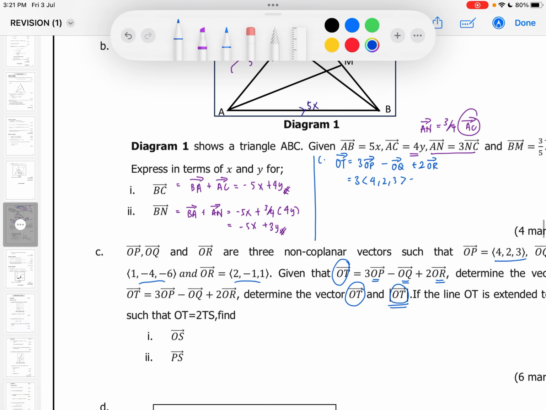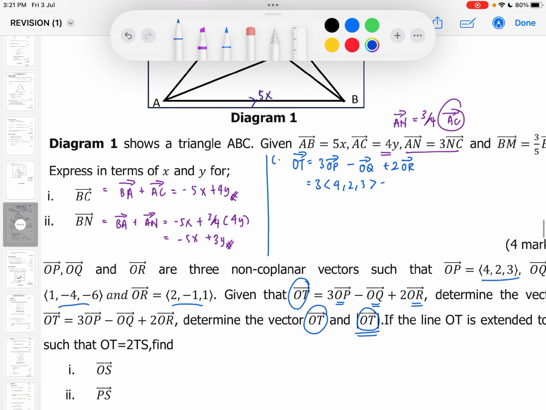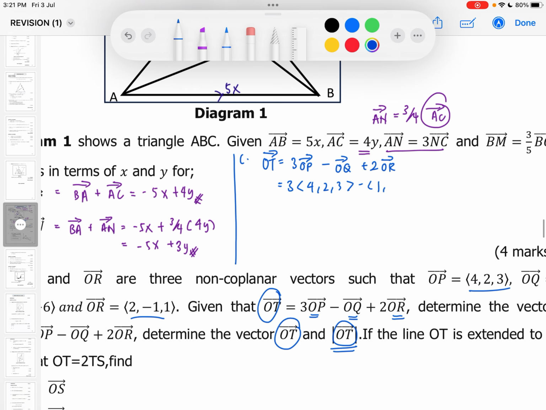And then minus OQ, which is 1, negative 4, negative 6. And then we times 2: 2, negative 1, 1. So that's going to be 12, 6, 9, then 1, negative 4, negative 6, then 4, negative 2, 2.